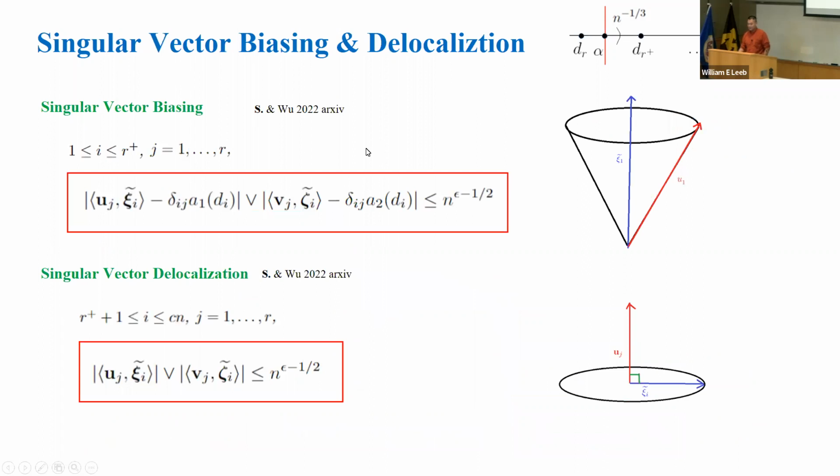And similarly, we also have the result for the singular vectors with this convergence speed: the left inner product will converge to A1 di, and the right inner product will converge to A2, with the n to the minus 1/2 convergence rate. And when the signal is too weak, for R plus 1 to some larger i, the inner product will just converge to 0 with n to the minus 1/2 convergence rate.